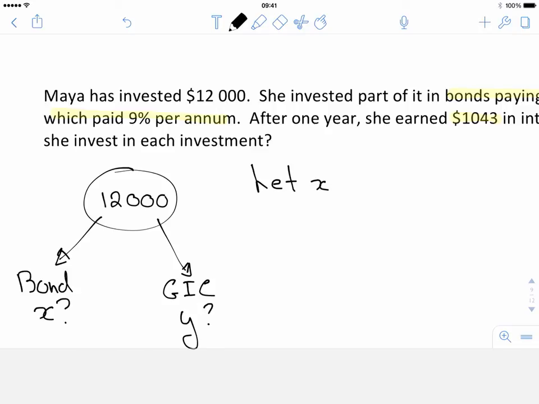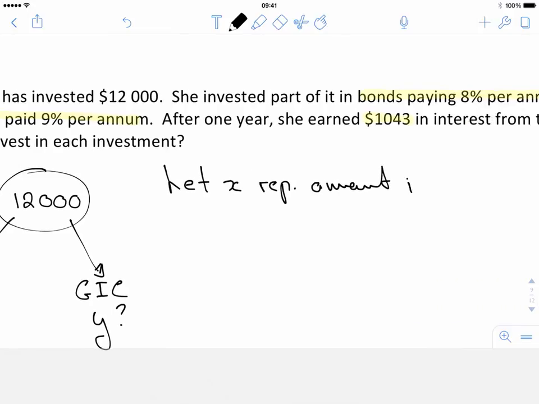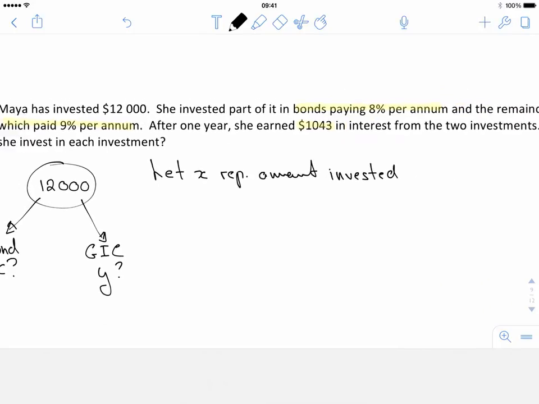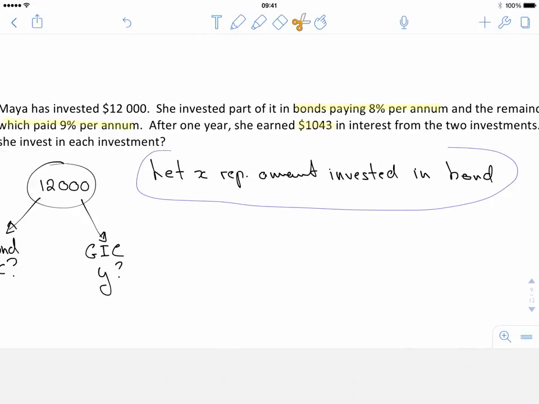Let x represent the amount invested in the bond, and I'm going to let y represent the amount invested in the GIC.